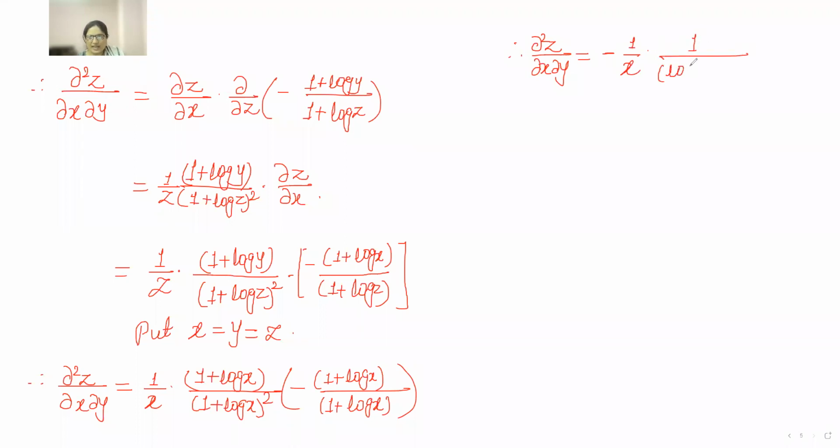We can write 1 as log e plus log x, which is equal to minus 1 upon x into (log e + log x) by using the property: log a plus log b is equal to log of a into b. So it is log of e into x, and with 1 upon it will be raised to minus 1. Hence the proof.